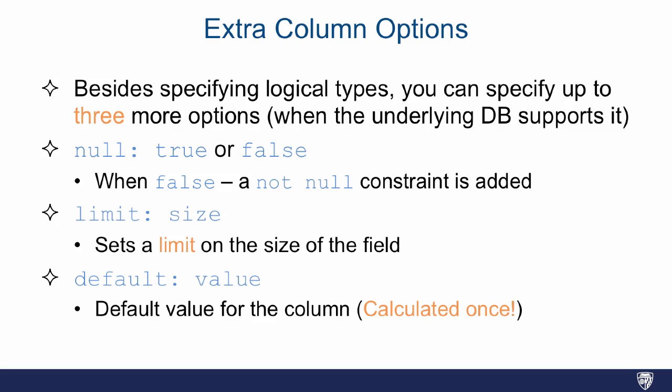And you could also specify a default value. So for example, when something is created, you want the value to always be 5 in the beginning. Now, this only gets calculated once, when you actually run your migration. Even though the code is Ruby, you might think that if you specify a date, then any time you create a new record and add it to that table, it's going to calculate a new date.